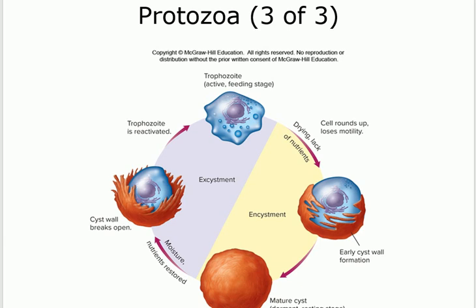Trophic means to feed. Sporozoite is spores. Spores are dormant. Okay? They don't do anything, just stay until it gets better. If you look at this picture here, here's the trophozoite. Acquire a wall, they become mature. They stay. If condition gets better, they change and become trophozoite.